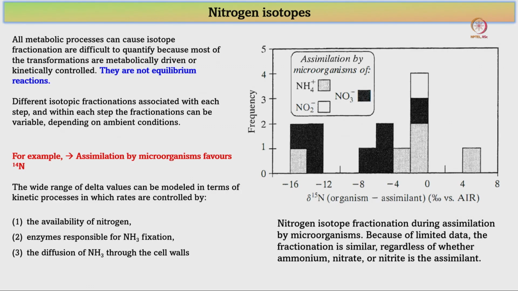So, for each setting the data is different, such that we are unable to have particular values for particular processes, because as you can see, the frequency in kinds of assimilation of different groups of nitrogen compounds and their entire range is all over, from -16 to 0 and to 4, and within 0 to -2 we can have ammonium also, we can have nitrate also, we can have nitrite also.